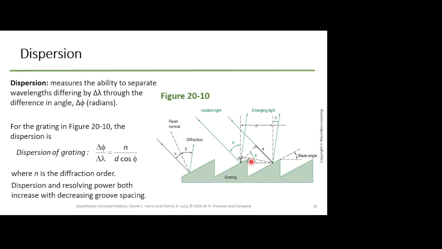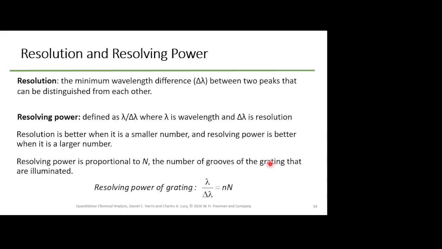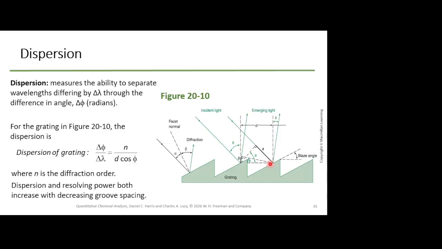Okay, so let's talk about dispersion. This is going to be the ability to separate wavelengths by differing delta wavelength, or remember the resolution. And the difference in the angle, which is the delta radians right here. And again, that's going to be this one right here. Note that because of geometry, these angles are the ones we typically talk about.